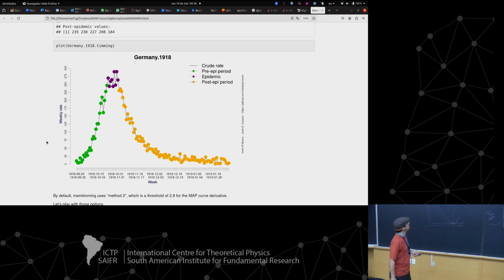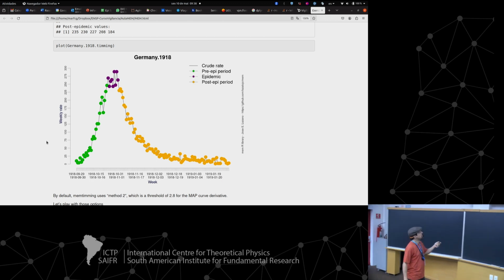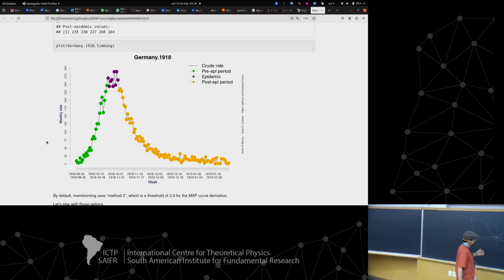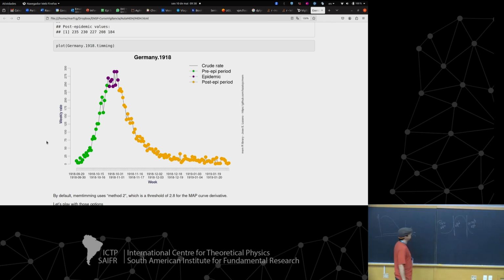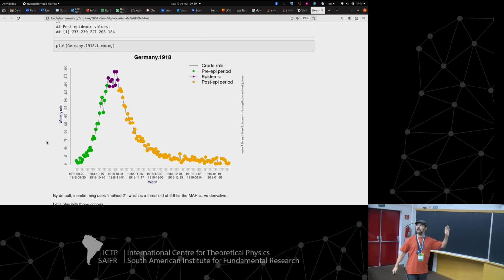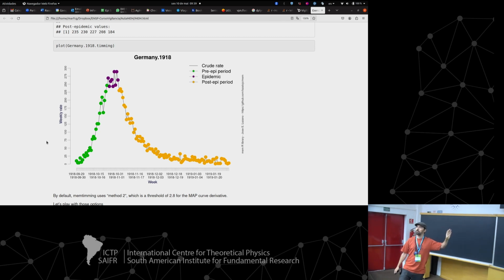Now, as we saw in our last class, for this particular data set, this first passage of defining pre-epidemic, epidemic, and post-epidemic is not that good. So we have to tweak the parameters associated with the method. Because remember, I haven't passed any parameters.